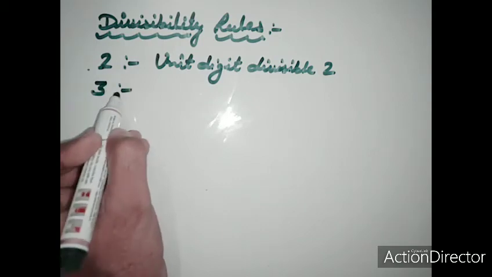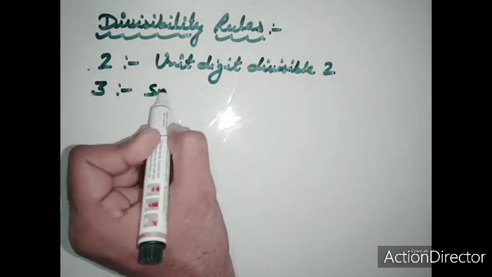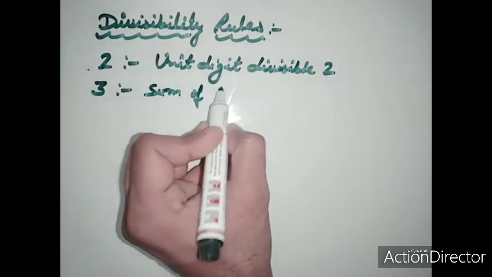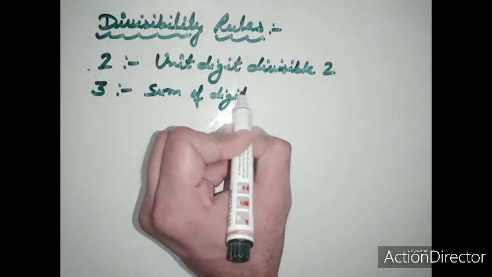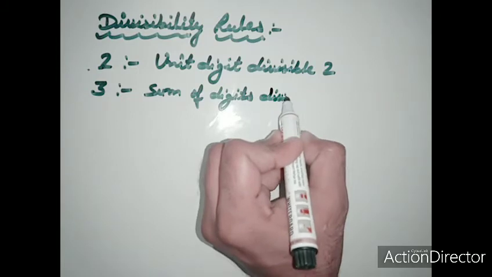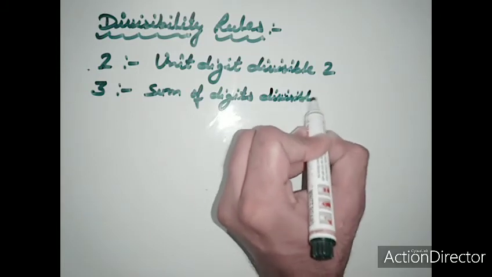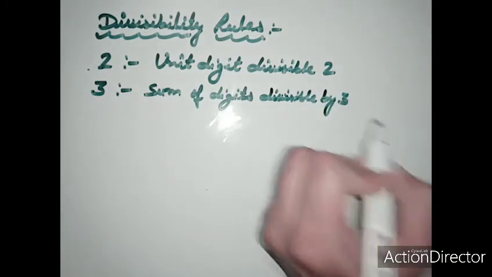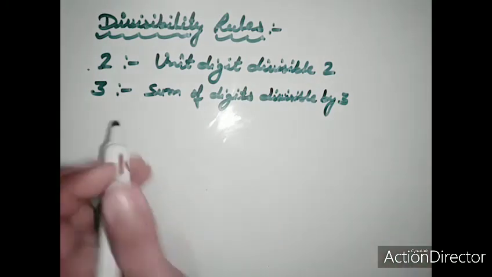Now 3: if the sum of digits in a given number is divisible by 3, then we say that the whole number is divisible by 3.